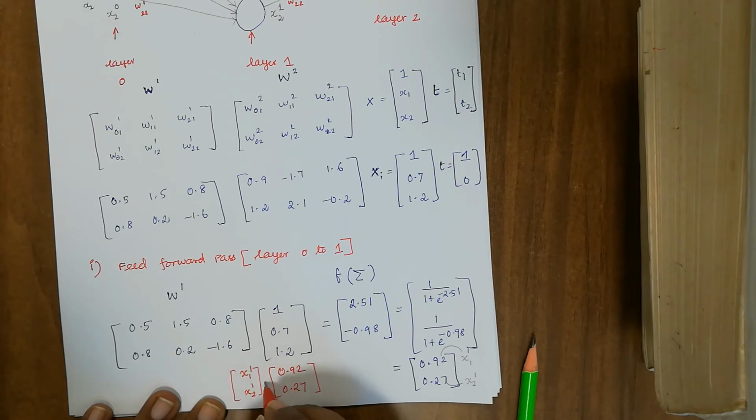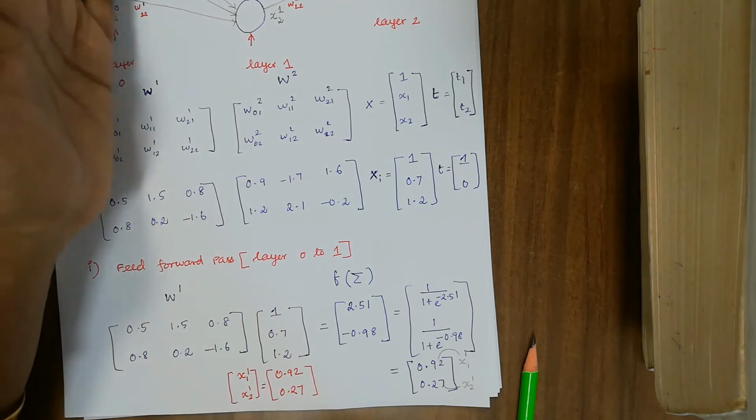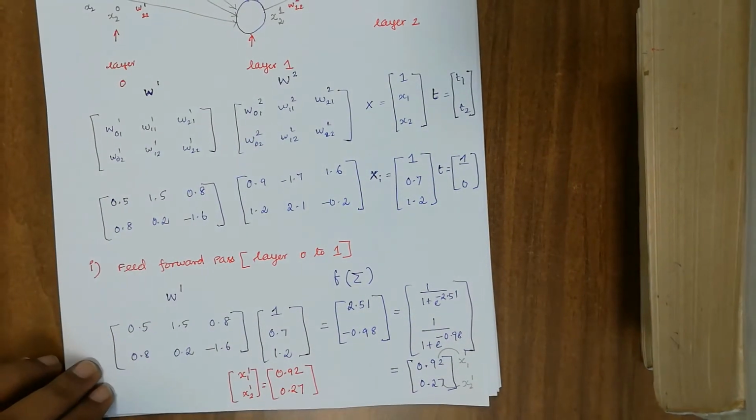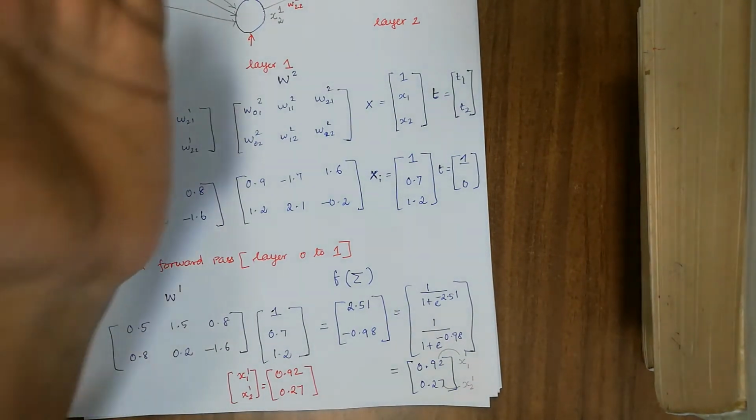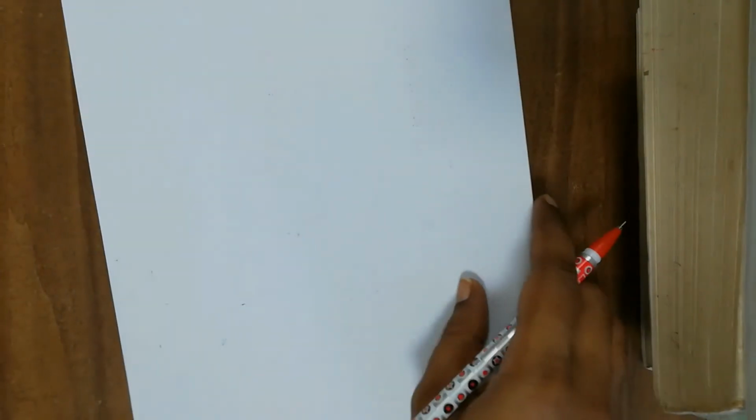Okay, now the first pass, feed forward pass from layer 0 to 1, is computed. Similarly we have to proceed with the feed forward pass from layer 1 to 2. Now let us do that.